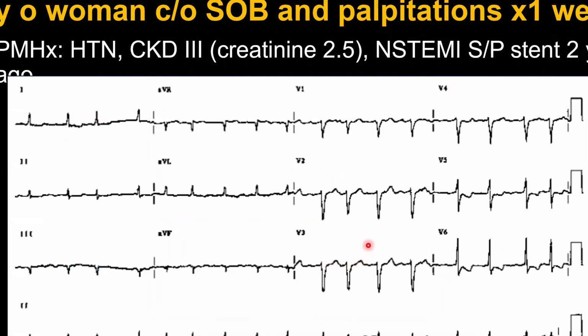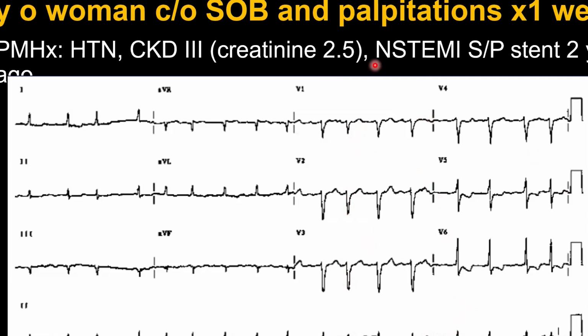Although you can't calculate the rate because there are no markings on here, you can see that this is a narrow complex and it's irregularly irregular at a rapid rate. So this is what? Atrial fibrillation. Exactly, atrial fibrillation.